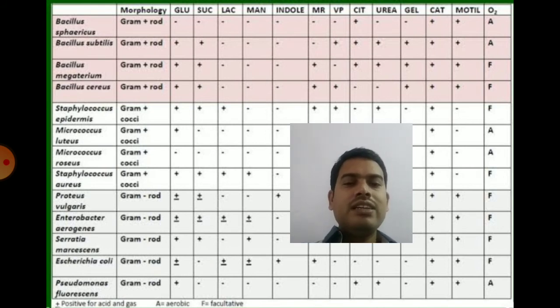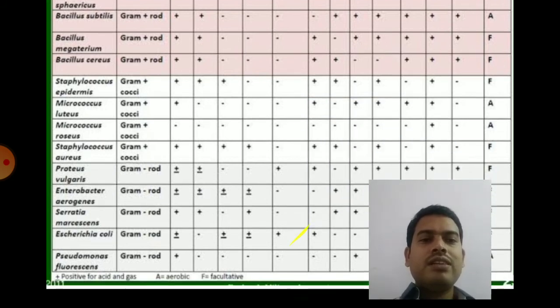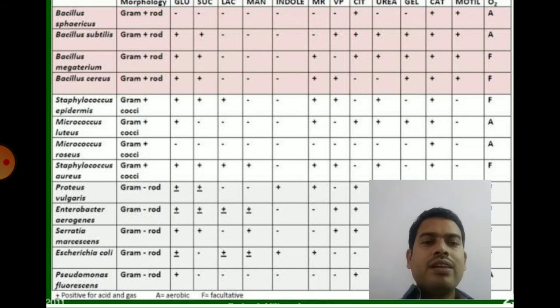You can clearly see, for example, Micrococcus, you can differentiate the bacterial species based on the biochemical tests. Take for example Micrococcus and Staphylococcus. Glucose utilization is positive for Staphylococcus and negative for Micrococcus. Same for all the other biochemical tests, but the only biochemical test that is positive for Micrococcus roseus is the catalase test.